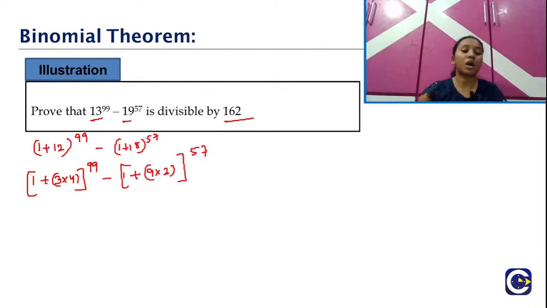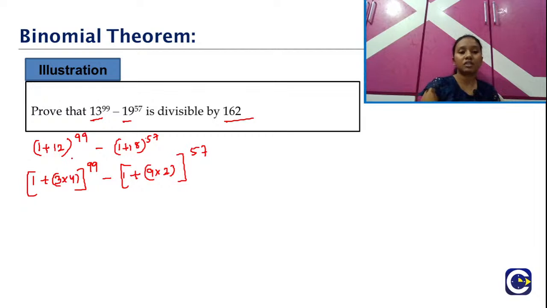So now we have to apply our binomial expansion here. It's a bit lengthy, but there are 2 points we have to keep in mind when we are doing divisibility. Try to write it in such a way that one term amongst the 2 terms is 1, so that it will be easy when we are doing the expansion. That's why I have followed this way where I wrote 1 plus 12.